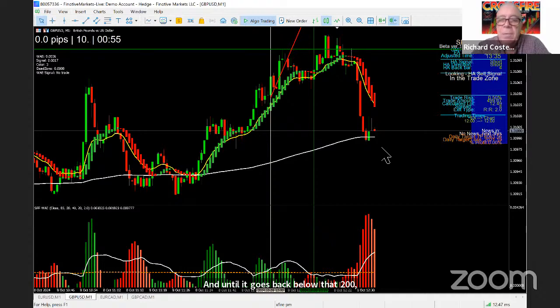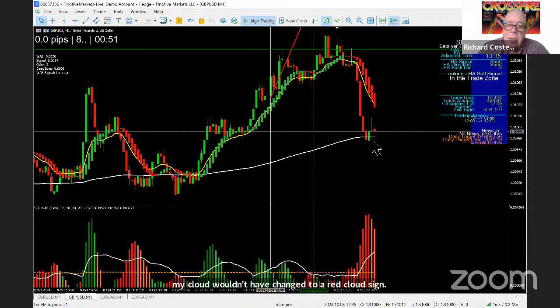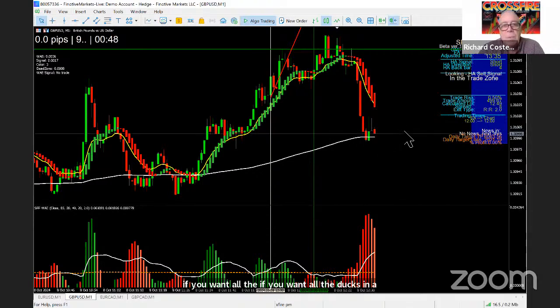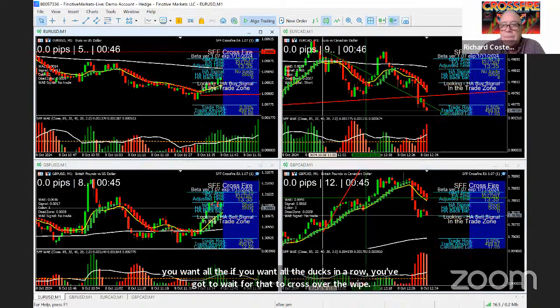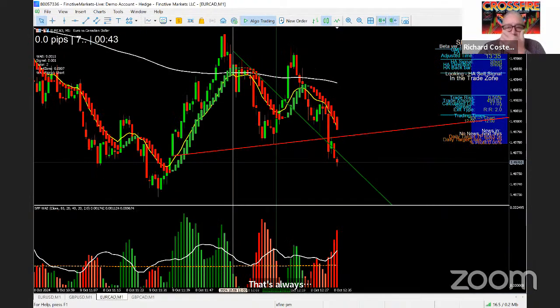So if you want all the ducks in a row, you've got to wait for that to cross over the white 200. Let's have a different pair. Okay, so it's done the same there.